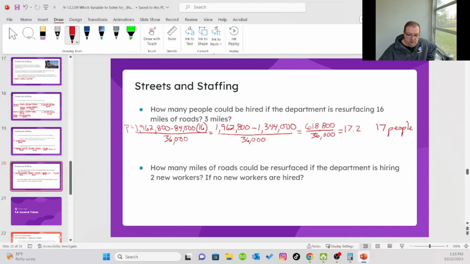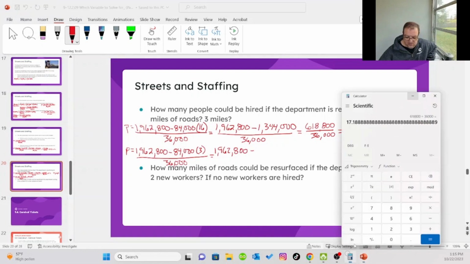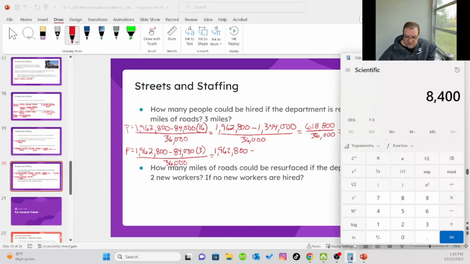Now, if we wanted to know how many people we could hire when we only do 3 miles, we do the same thing, but instead of 16, we use 3. $84,000 times 3 miles is $252,000.